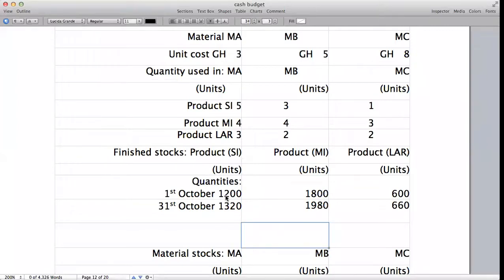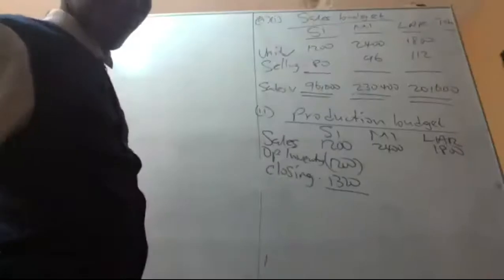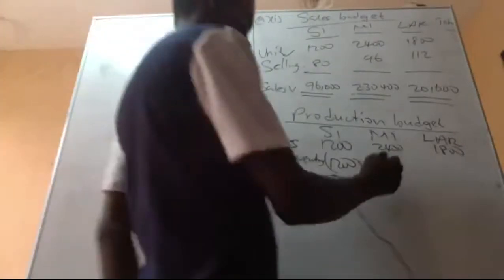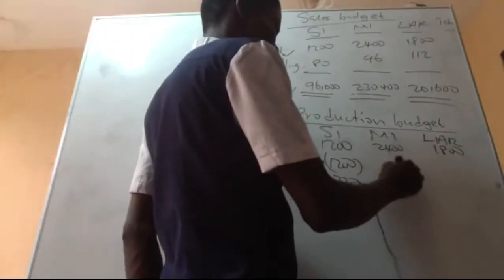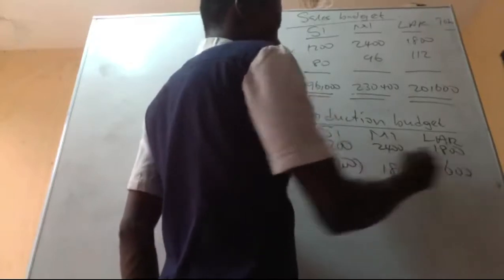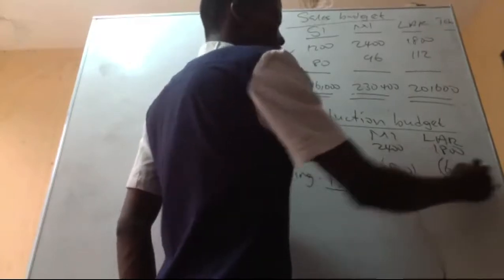Quantities: the open is 1,002, closing is what? 1,320. So 1,200 and 1,320. So that is it. So 1,800 and 600, right? 1,800 and 600. So have you seen it? So that's the open inventory.